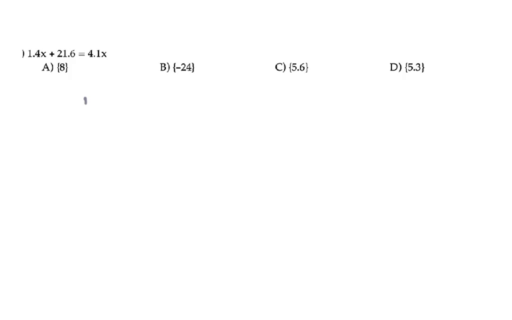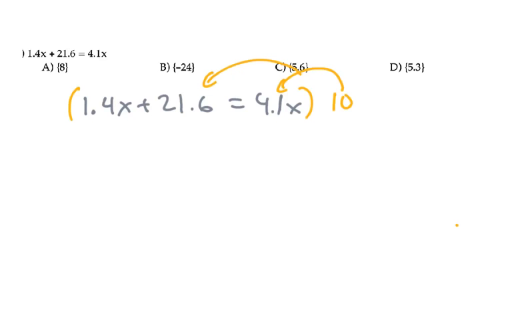Okay, so here we have 1.4x plus 21.6 equals 4.1x. And not everybody did this, but my recommendation is multiply through by 10. So now when you play with this, you're playing with whole numbers.